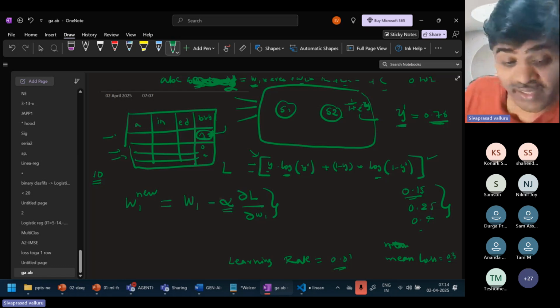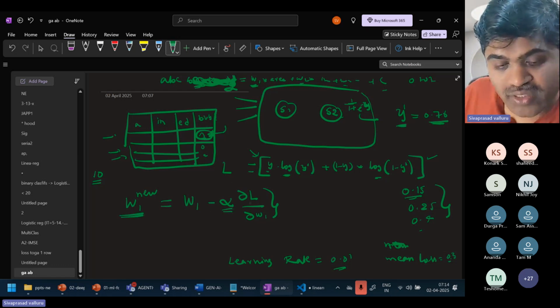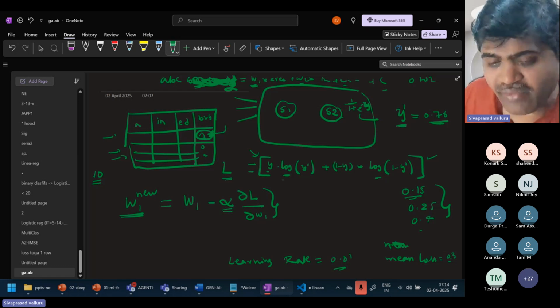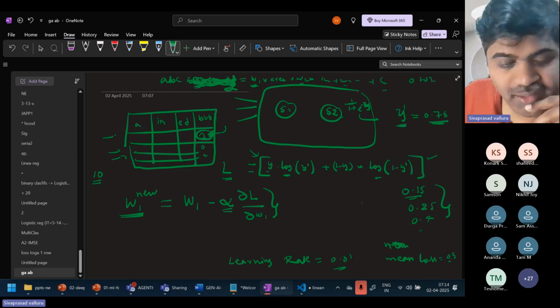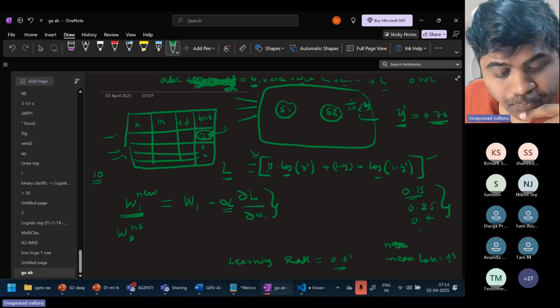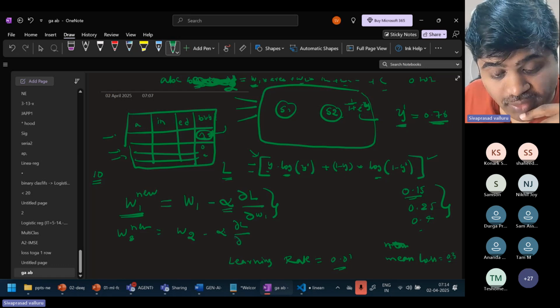So what I mean to say is the new value of weight 1 is calculated using some derivatives and some value, based on the total loss also. Similarly, W2 new is equal to W2 minus learning rate into the partial derivative, like this.